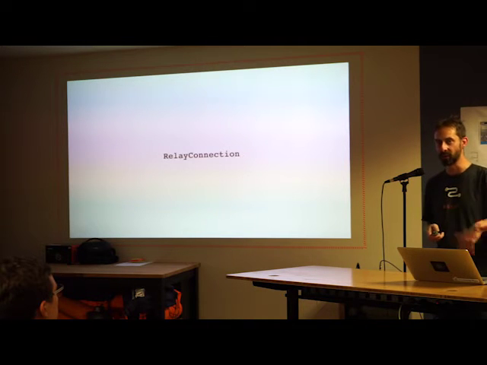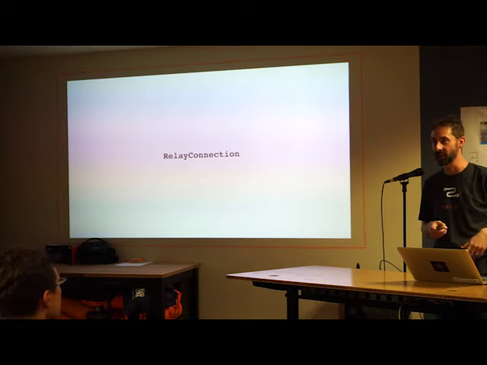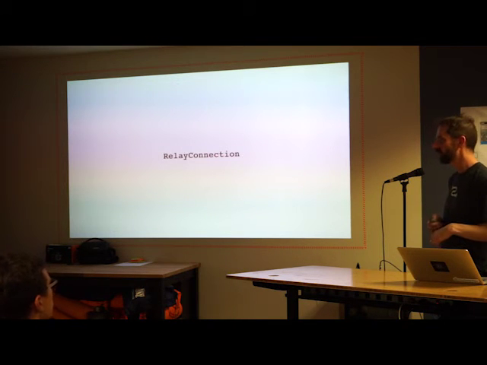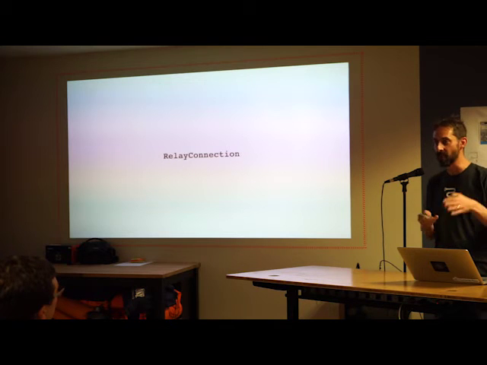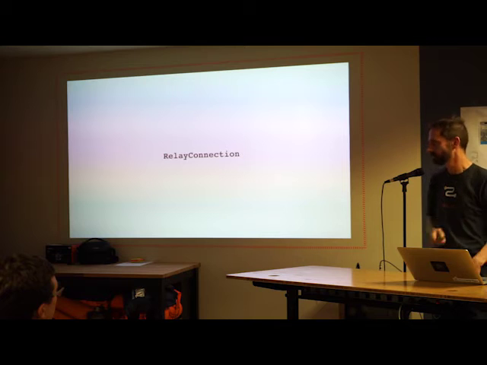A user could scroll for a long time, and by the time the stories that they saw at first have scrolled tens of thousands of pixels off the screen, they're unlikely to look at those again. You might want to free those and recover the memory. So relay connection allows you to do that. It allows you to mark ranges within a connection as uninteresting and release them back.